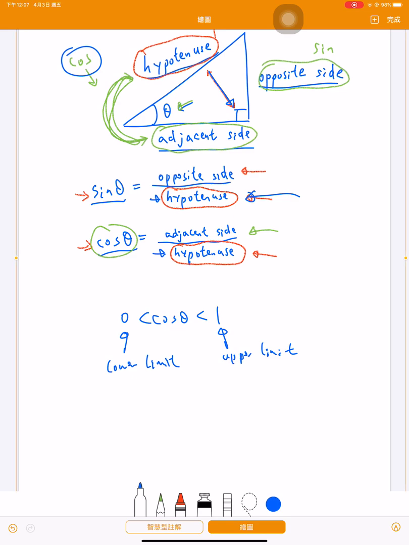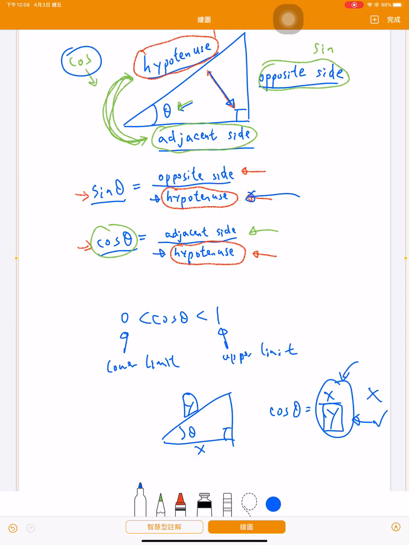Just like sine theta, for cosine theta, we know that it is the adjacent side divided by the hypotenuse, right? The denominator is the hypotenuse. It is the longest side in this right-angled triangle, right? So think about it. For a fraction, if the denominator is greater, then this fraction must be less than 1, right?